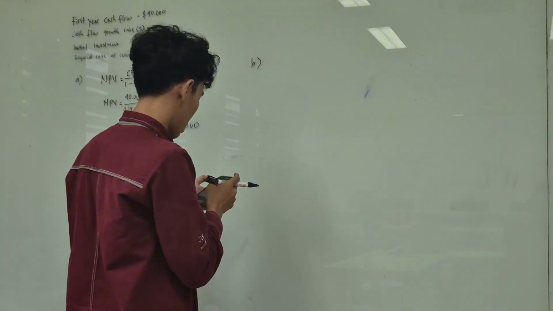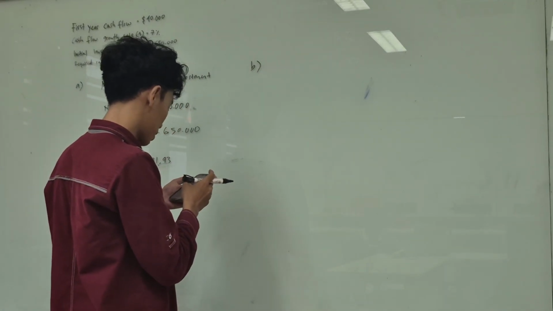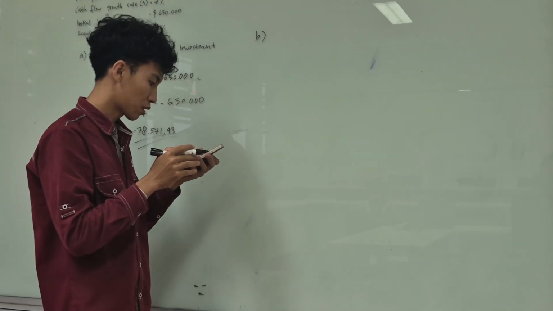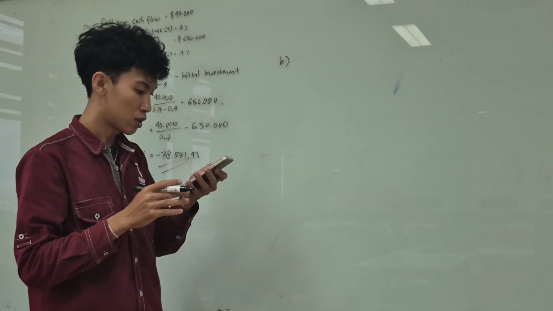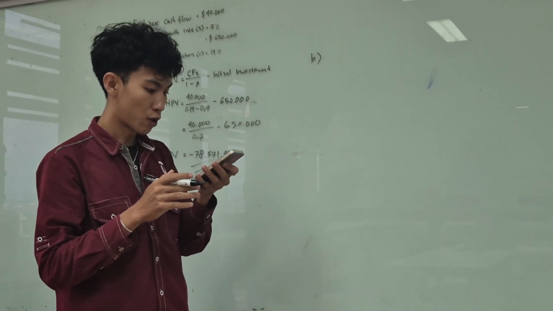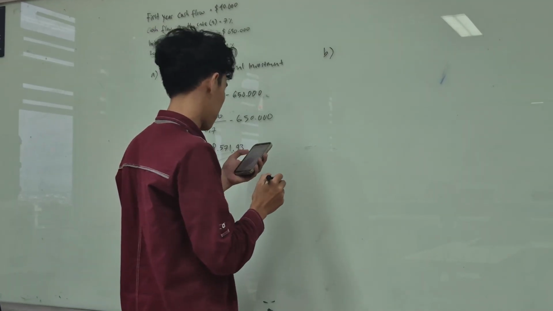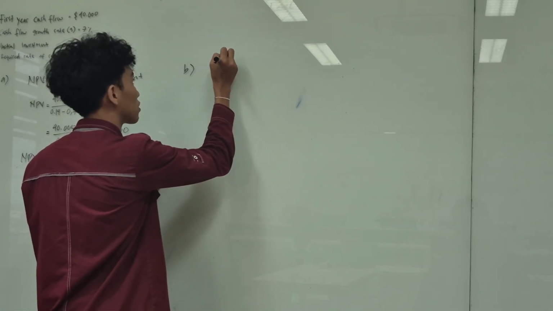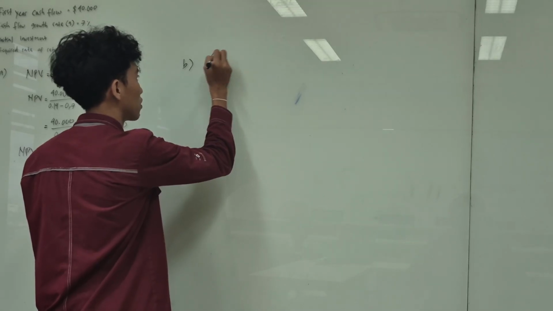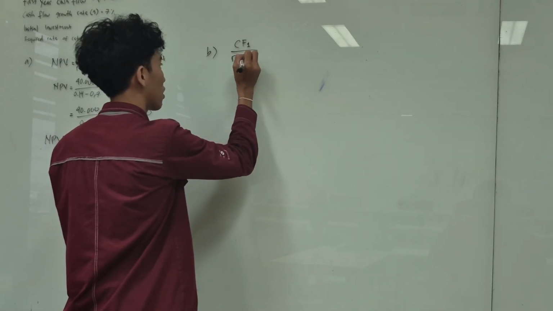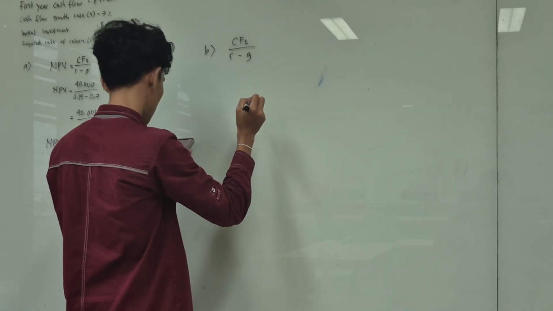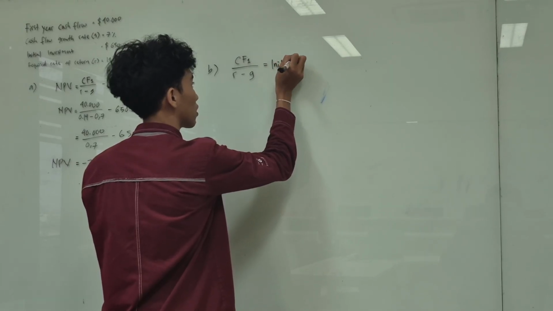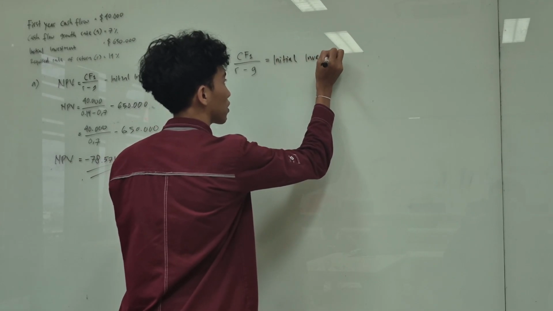So the formula to find the break-even point: we set the NPV formula equal to 0 and solve for G, the growth rate. The formula is first year's cash flow divided by R minus G equal to the initial investment.